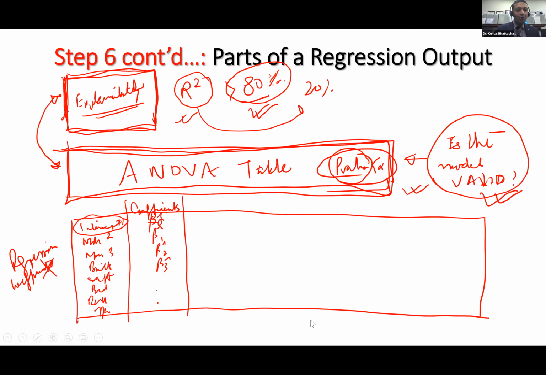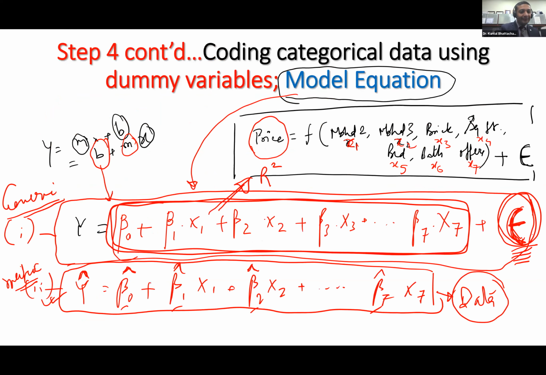So this is what we were talking about in this specific equation, where your expected value of y is your coefficient of the intercept plus coefficient of your x1 plus coefficient of your x2 plus coefficient of your x3 and so on. This is specific to your data because now you have analyzed your data.